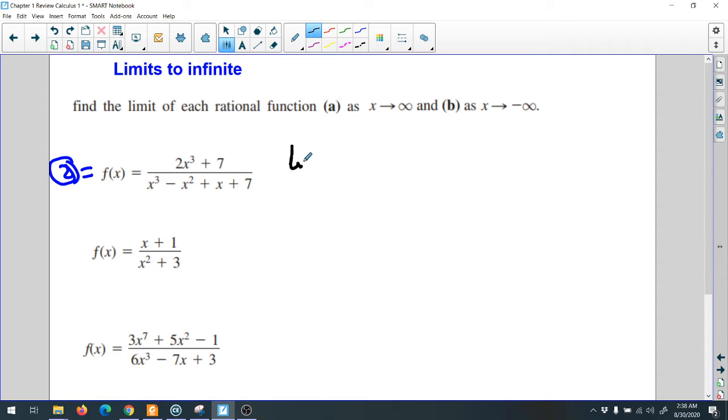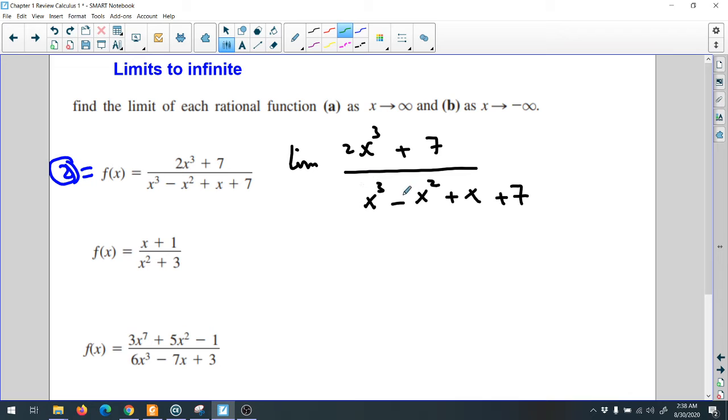So the limit of 2x to the third plus 7 over x to the third minus x to the second plus x plus 7. What you're going to do is divide everything by the maximum exponent.